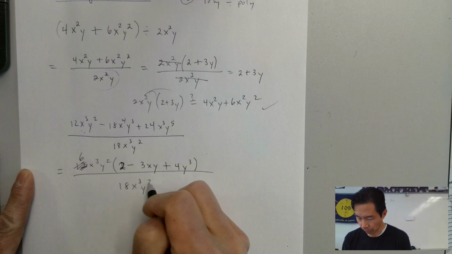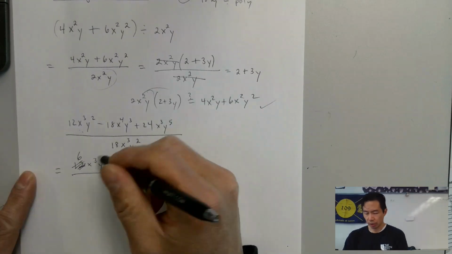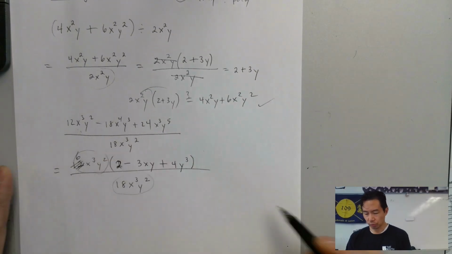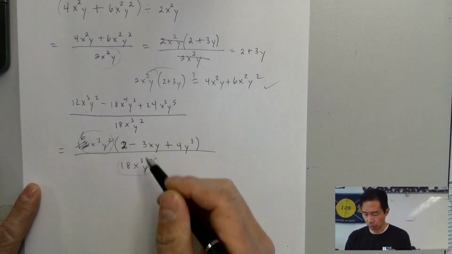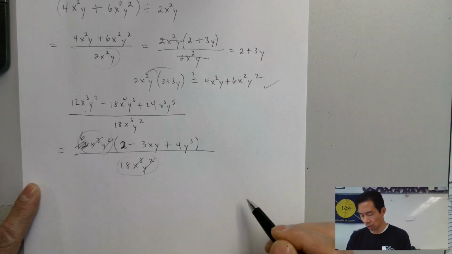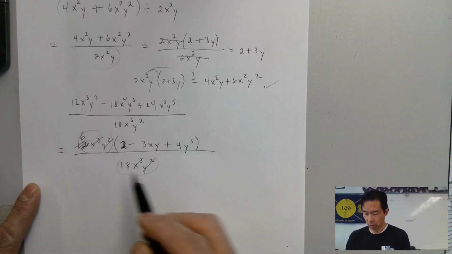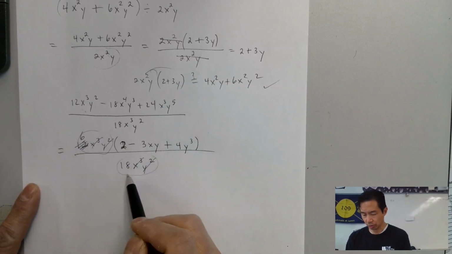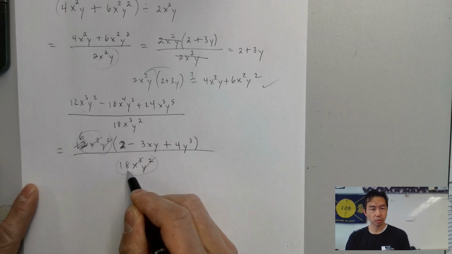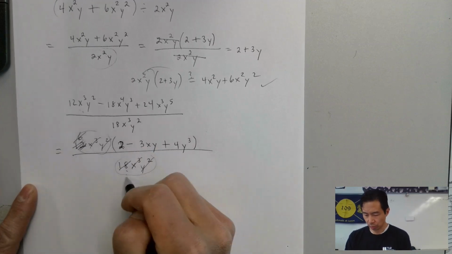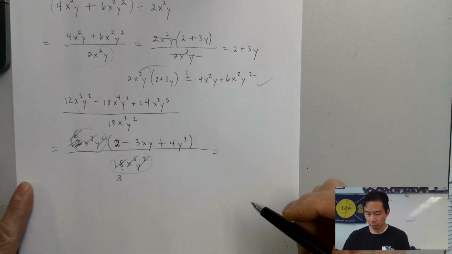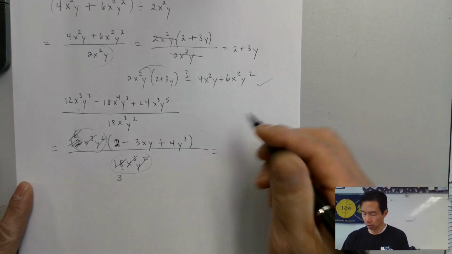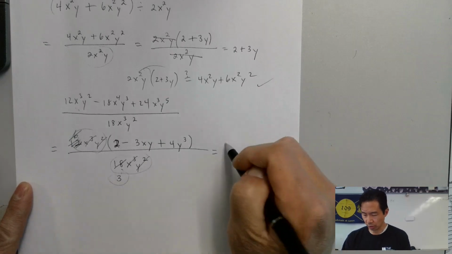This is the denominator. Okay, now I see if I can cancel the GCF with the denominator. I cancel as much as possible. I can cancel the y squareds, the x cubes, and not the 18 entirely, but 6 does go into 18 3 times. So I'm left with a 3 down there. So this quotient will end up being a fraction because of that leftover 3.